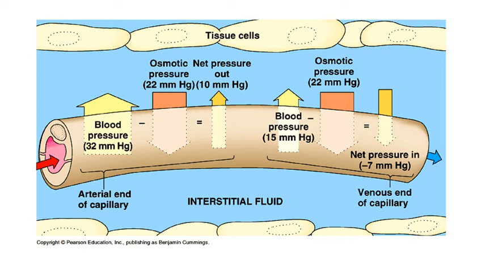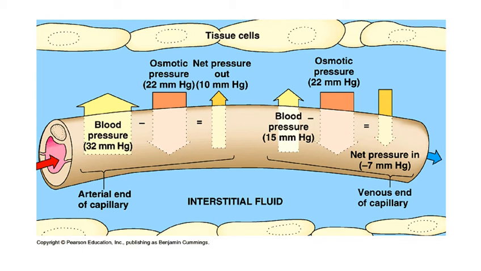Those can't diffuse out of the blood vessel because the pores are way too small. All that can diffuse out are small things, like salt, H2O, etc. So because the proteins don't diffuse out, the osmotic pressure stays the same, and all that decreases is the blood pressure.